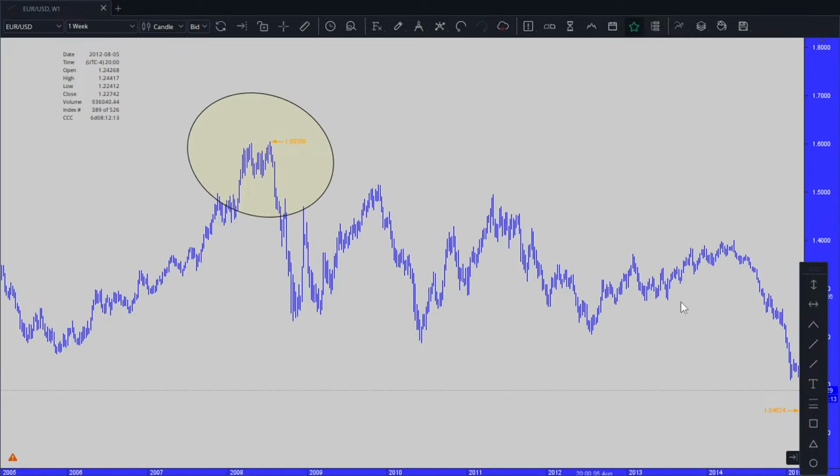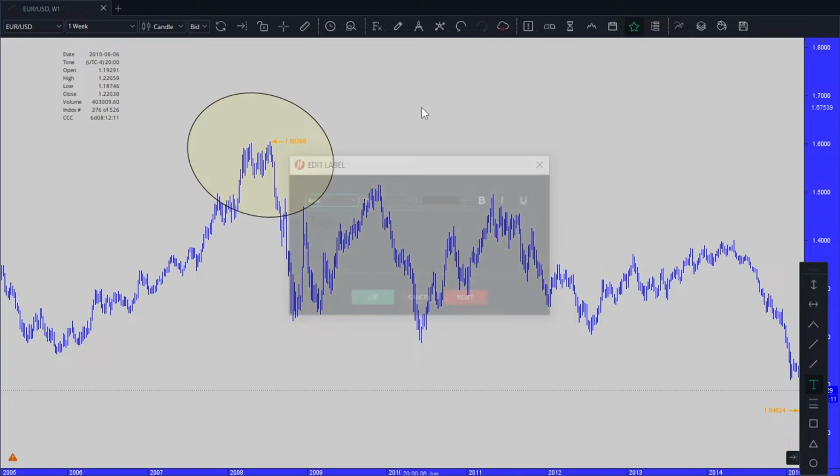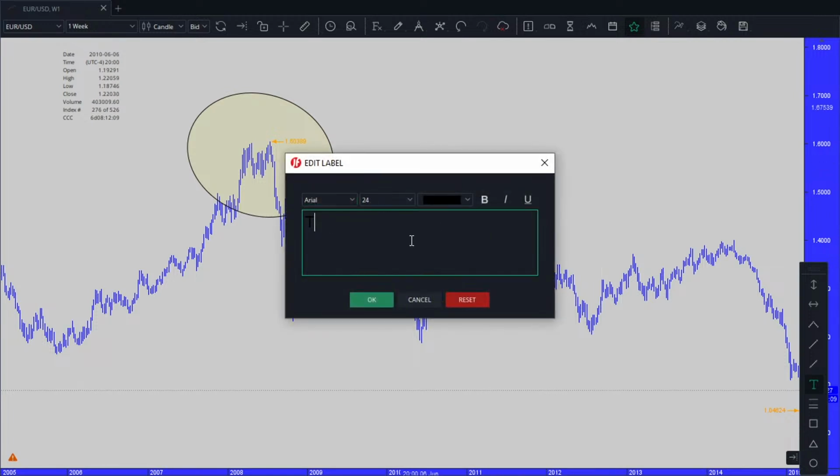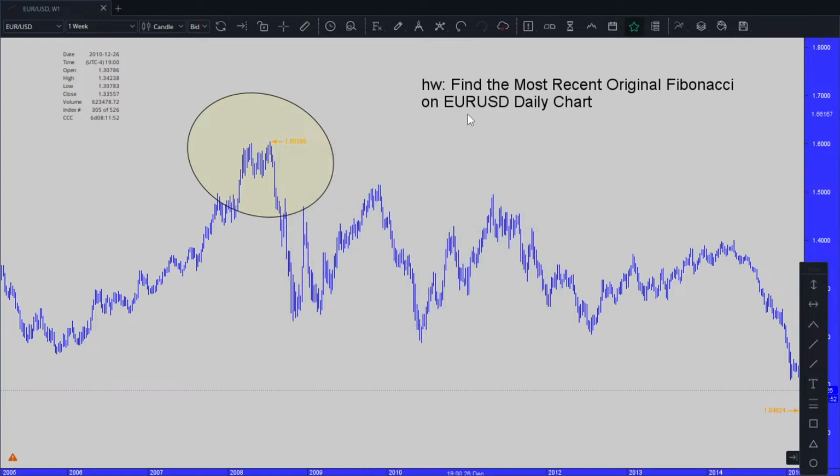We are going to start together. Homework: find the most recent original Fibonacci on the Euro-Dollar daily chart.